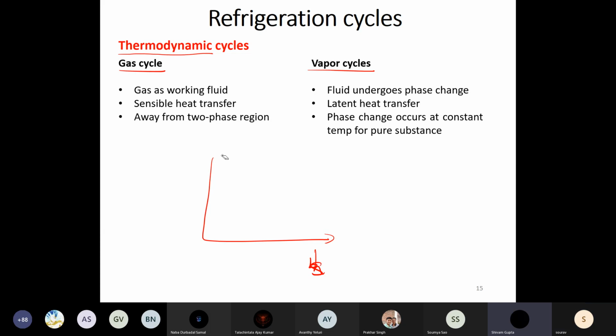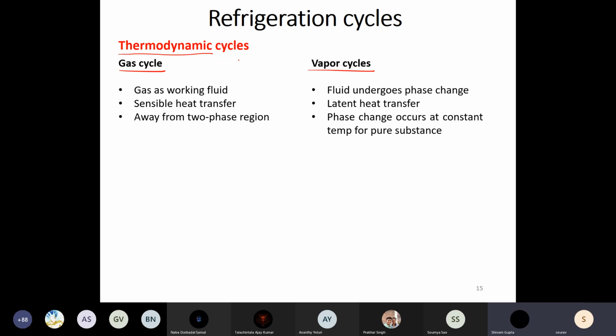So that's all that differs. As far as the cycle per se goes, there's no difference in the processes itself. It's just that heating process becomes cooling process, cooling becomes heating. Compression becomes expansion, expansion becomes compression. Such differences will happen between power and refrigeration cycle.